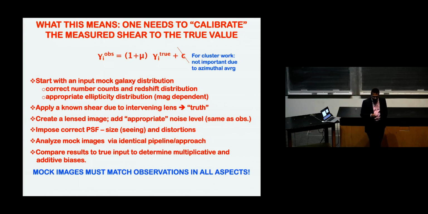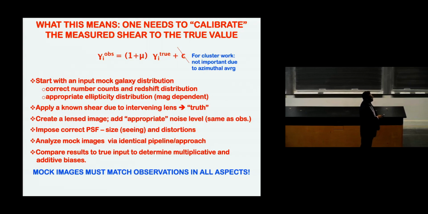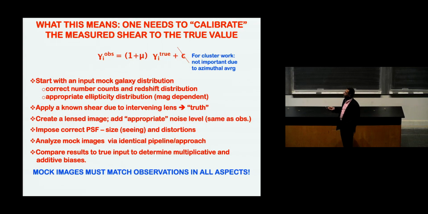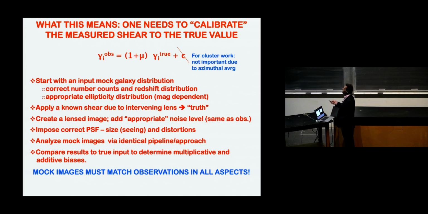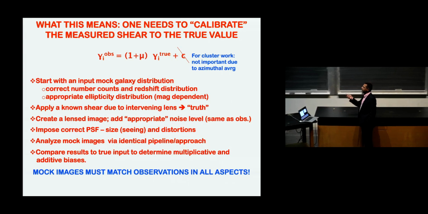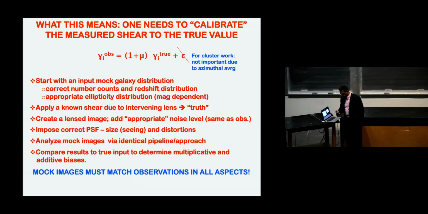One way of doing that is to calibrate. So you measure a shear and you want to relate it to a true measurement. There is a direct relationship which involves a multiplicative bias, and the idea is to identify what this bias is. The approach is rather straightforward.